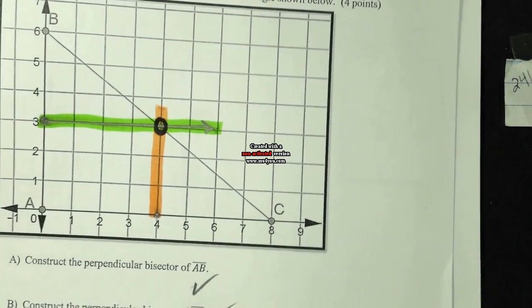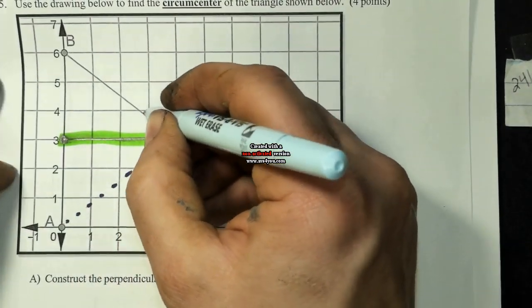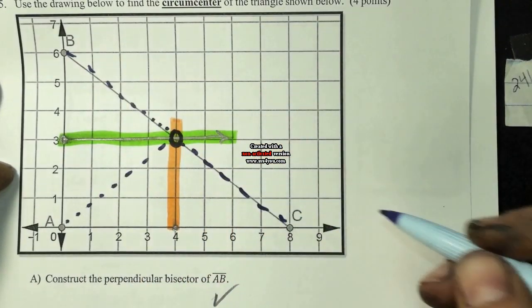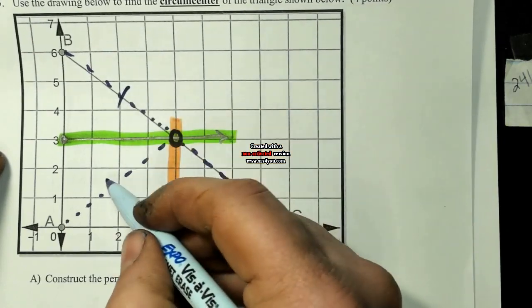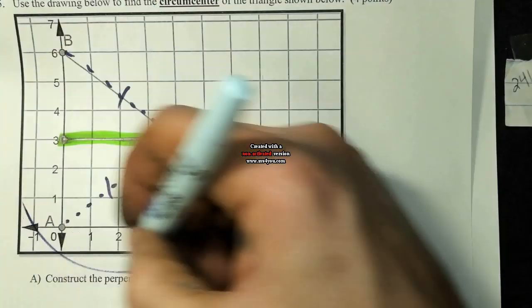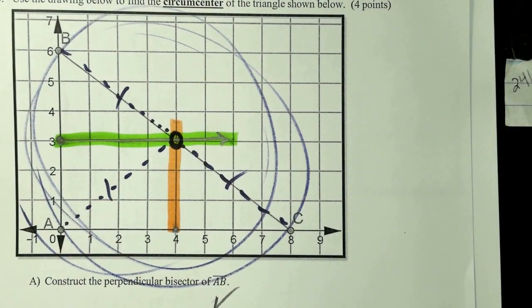And that also means that this distance and this distance are the same. And if I had a compass, I could draw a circle perfectly centered on that point, with these as the radii. That's it. Good luck.